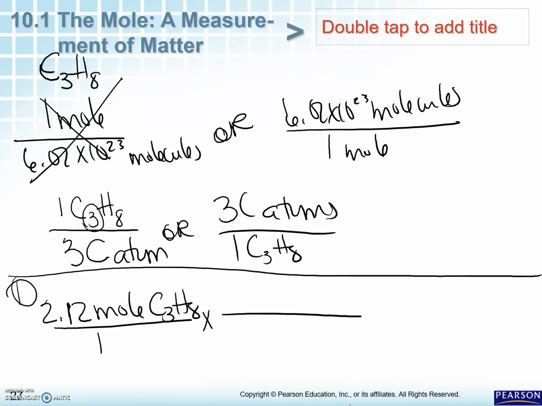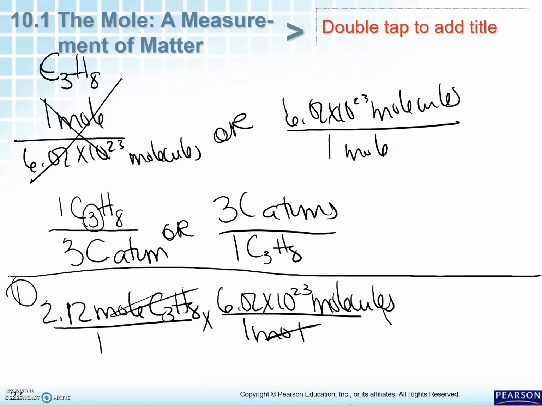So we look at the second one. Our moles are on the bottom. That's the one we need to use. So it would be 6.02 times 10 to the 23rd, that's Avogadro's number, over that 1 mole. Our moles cancel because there's one on the top, one on the bottom. And we're left with molecules, but we're not quite there yet.